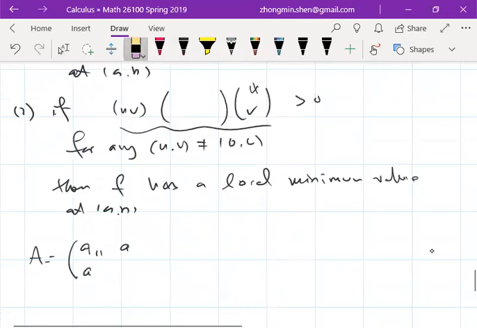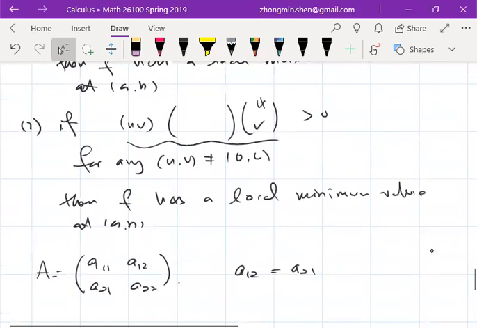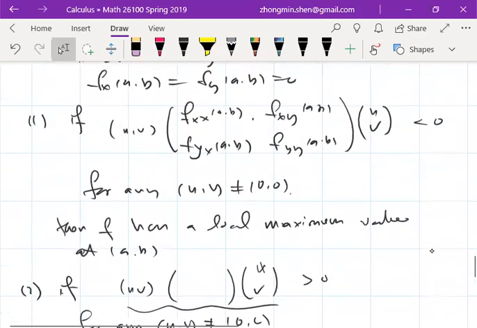Given a symmetric matrix, we can show when this is going to be what we call positive definite or negative definite. So how can I check whether it's going to be negative definite?